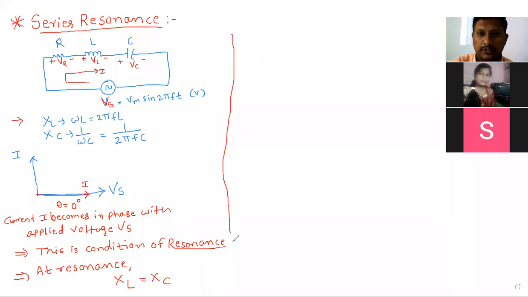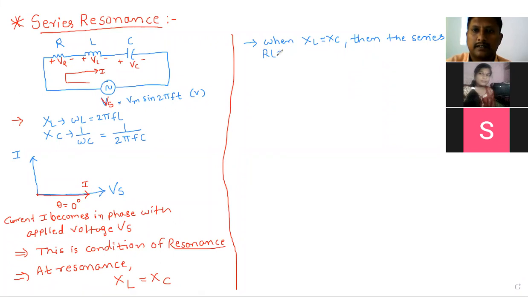The reverse you can also easily tell, so that statement I will add as well: when XL becomes equal to XC, then the series RLC circuit is said to be in resonance.